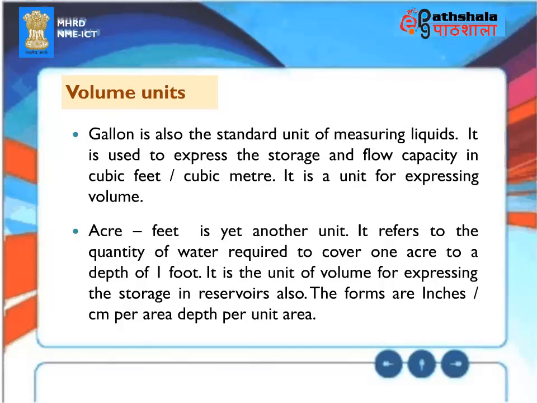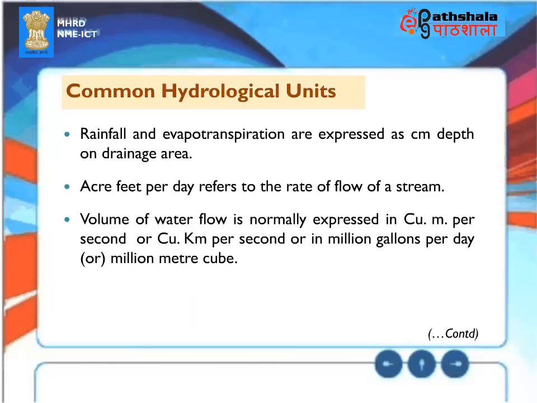The forms are inches or centimeters, that is, depth per unit area. Rainfall and evapotranspiration are expressed as centimeter depth on drainage area. Acre feet per day refers to the rate of flow of a stream. Volume of water flow is normally expressed in cubic meters per second or cubic kilometers per second, or in million gallons per day or million meter cube.